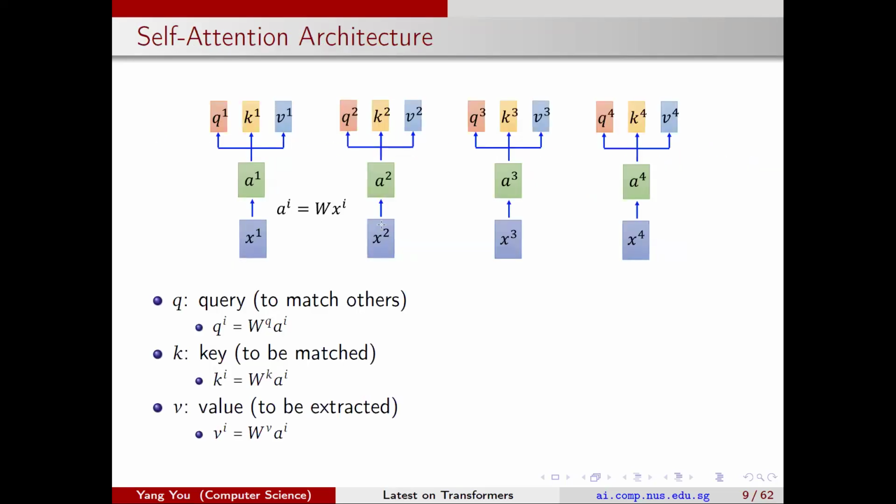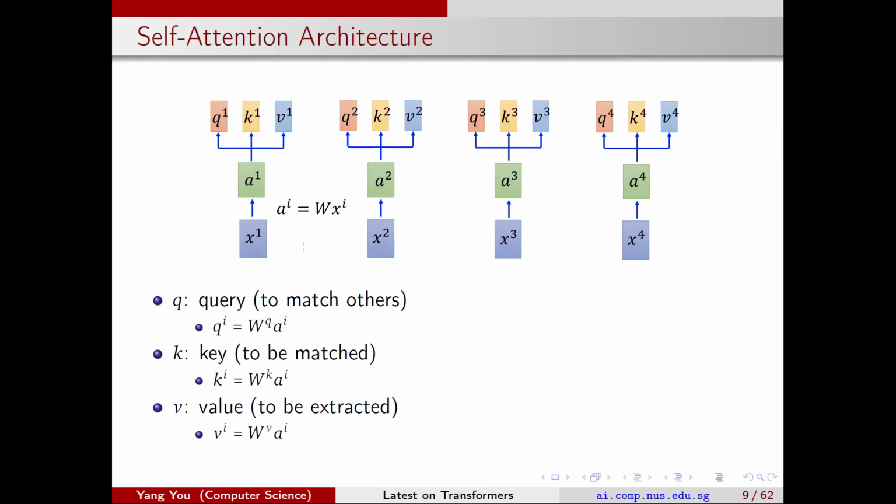So let me now give you a brief introduction of self attention. Here there are some notations. X1, X2, X3, X4 are the input tokens, like "I am eating burger."